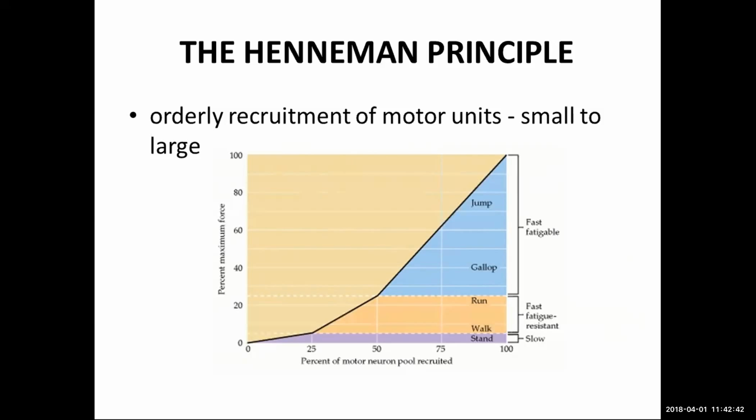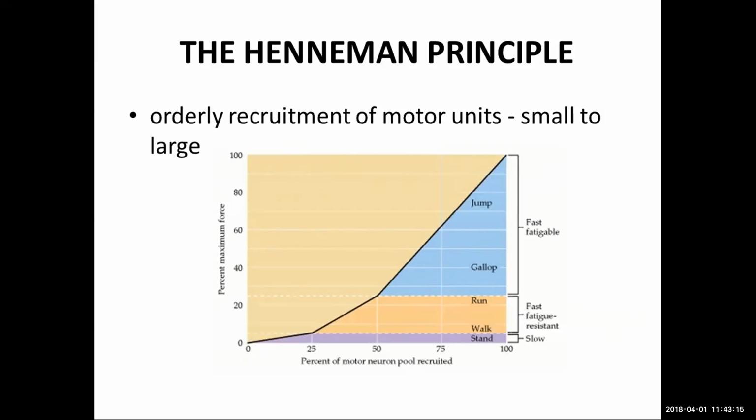Now, in this example, the first push which is given by his wife is what I call a small motor unit. We will assume she can produce only a small amount of force. So whenever Henneman in his experiment gave a small amount of stimulus, they were able to only activate the small motor units.